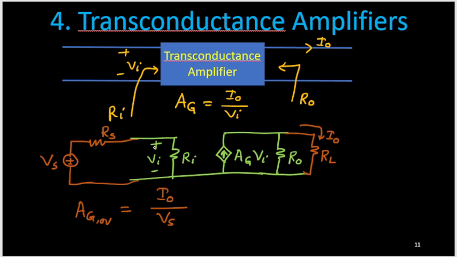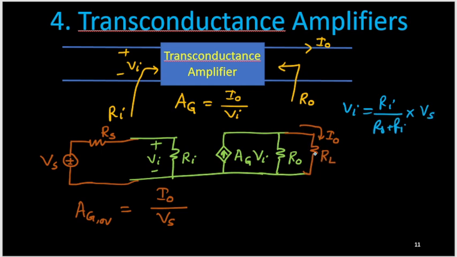First we need to get this Vi. What is Vi? Very quickly, the voltage across this Ri is Ri upon total Rs plus Ri times Vs.